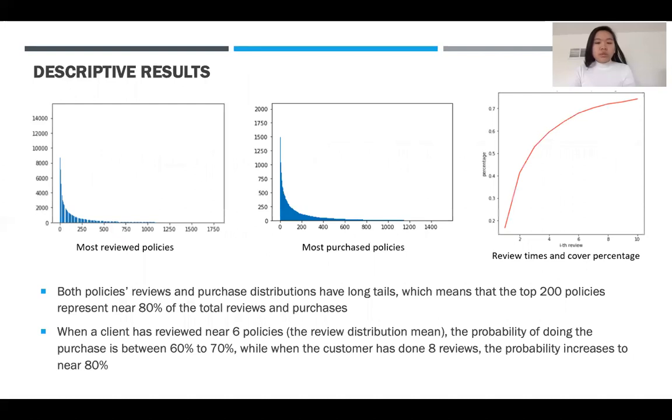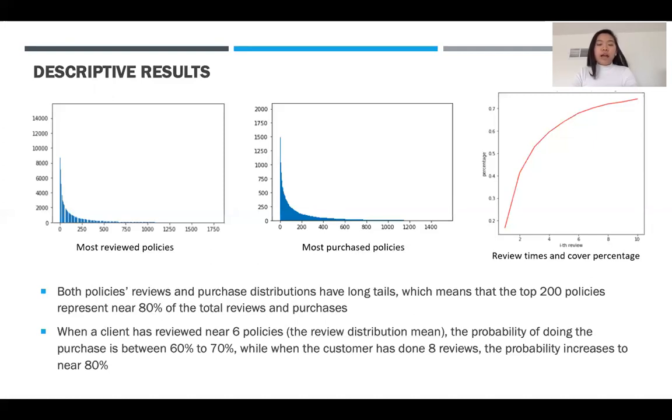So for the descriptive analysis, we first performed the popularity analysis, and the first two graphs represent the popularity distribution per policy. On the left, we have the most reviewed policies, and on the right, we have the most purchased policies. We can see that both graphs have long tails, with the top 200 policies representing nearly 80% of the total reviews and purchases.